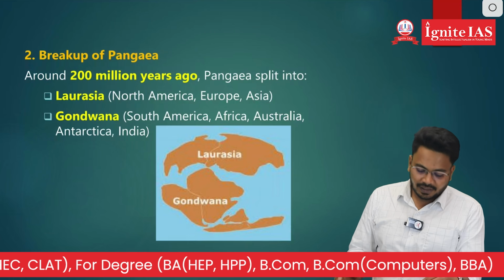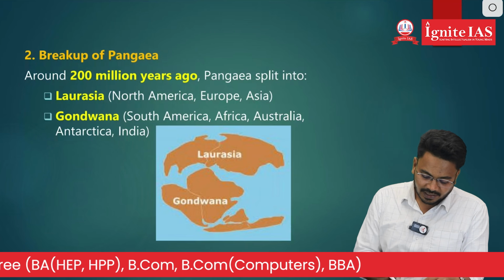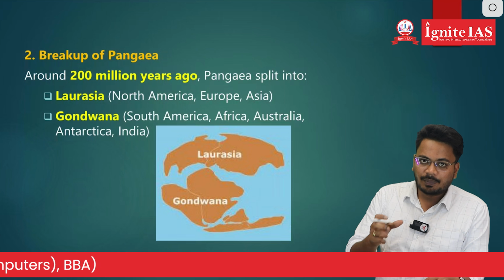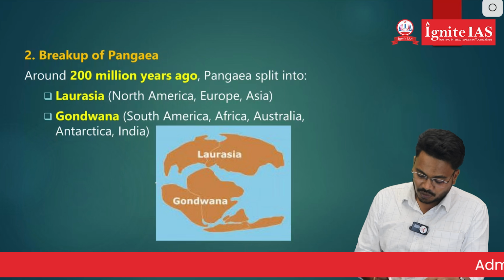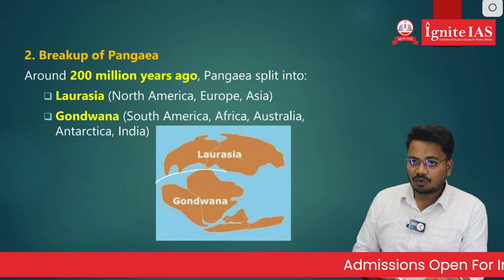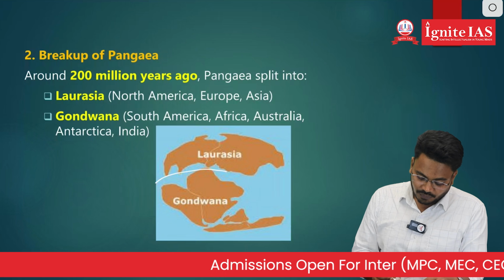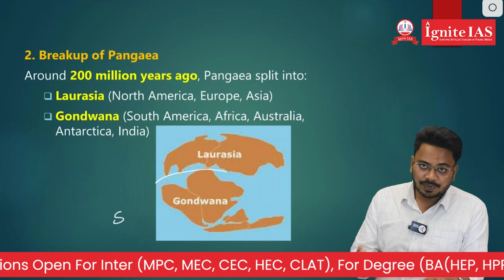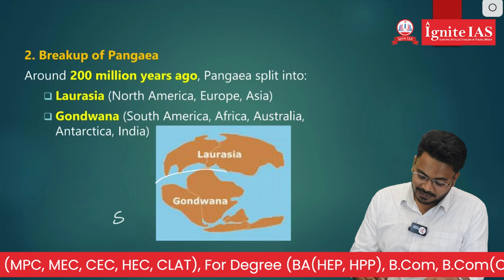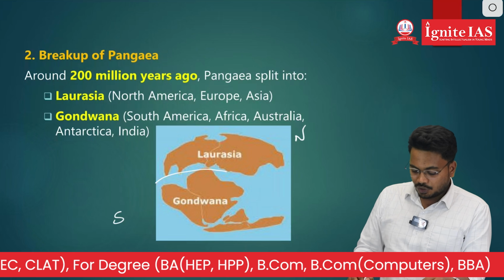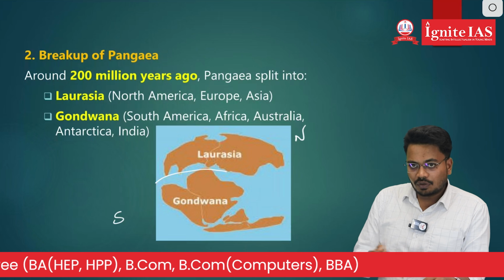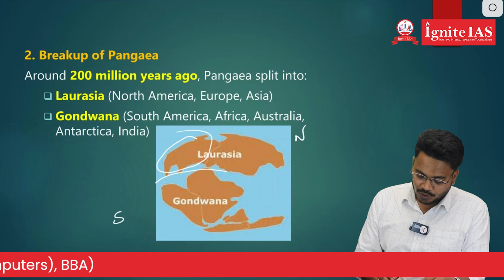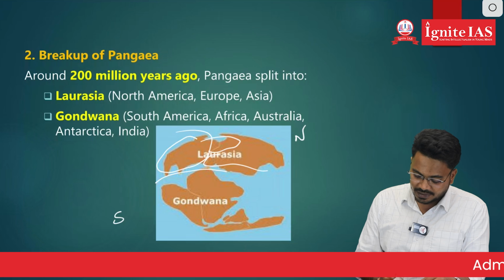Now, when this Pangaea started breaking, it split into 2 different parts. The first part is called Laurasia, and the second part is called Gondwana. Gondwana is in the southern hemisphere and Laurasia is in the northern hemisphere. Laurasia consisted of the North American continent, European continent, as well as Asian continent.